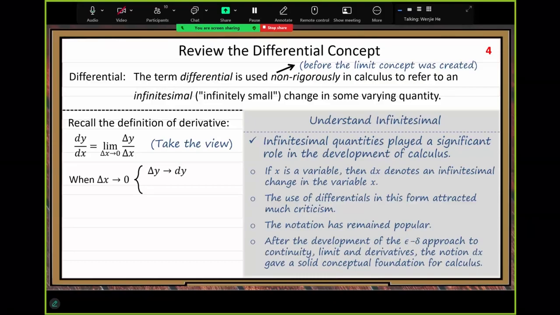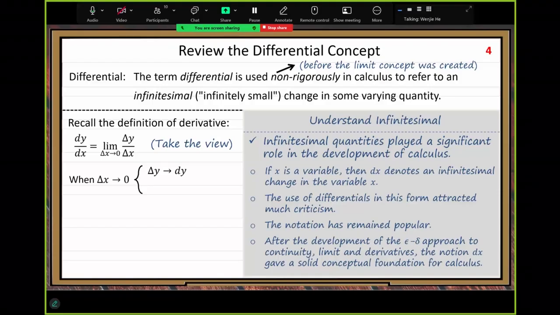So we use an abstract concept, the differential, to represent that certain amount, very small, very close to zero, but it's not zero.